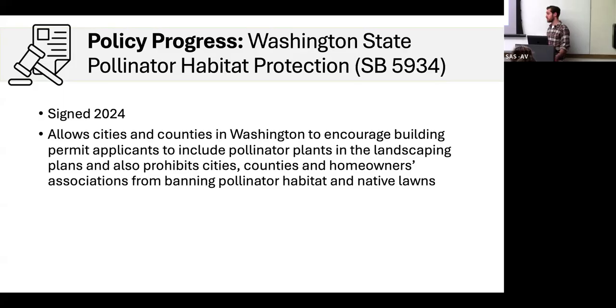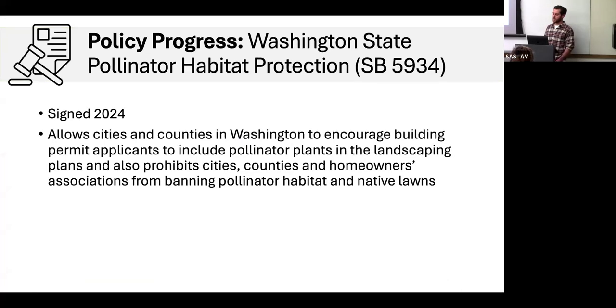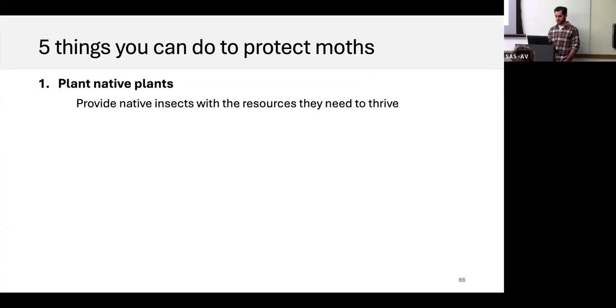That's huge because it turns out that HOAs are actually a major impediment to gardening for biodiversity, often because it's perceived as messy, which is not always the case, as we can see in the Spokanescape program. It can look beautiful and neat and tidy, but I think we need to start getting away from those prohibitive policies and towards more biodiversity friendly policies.